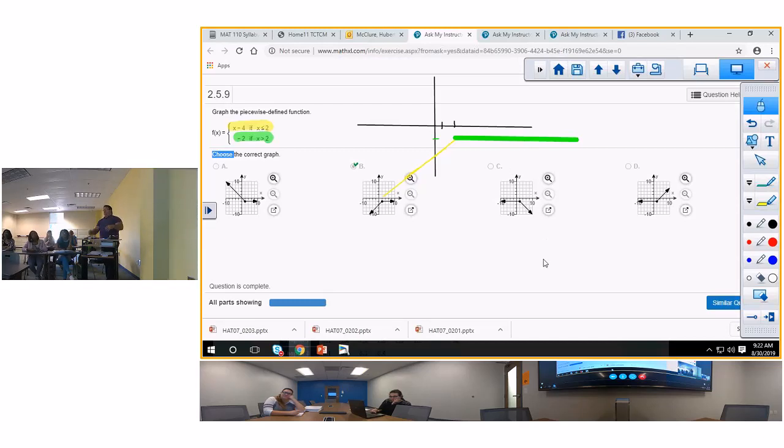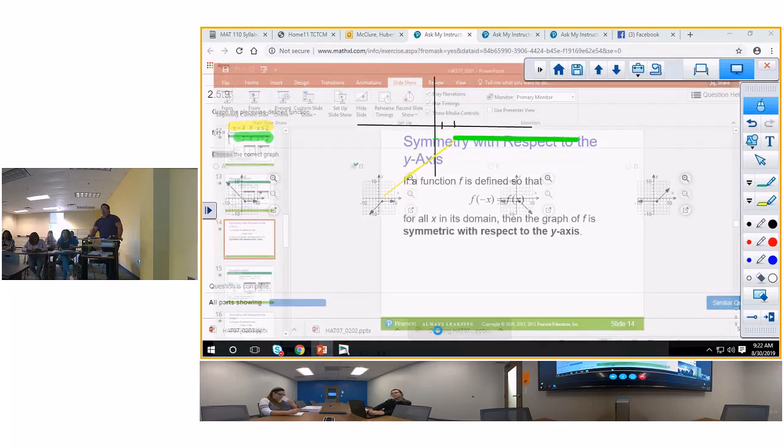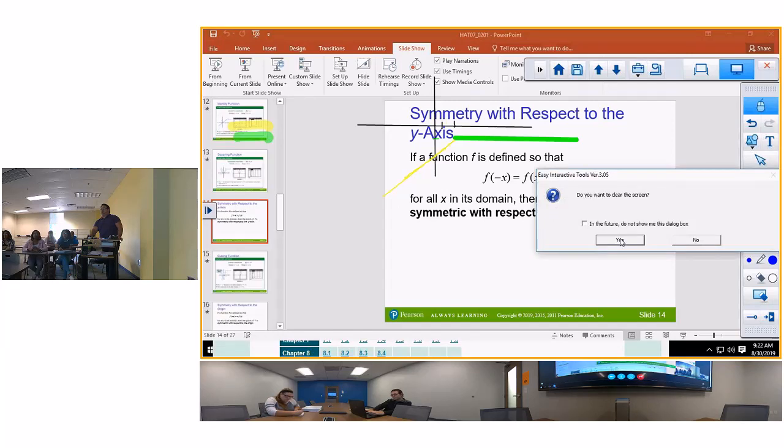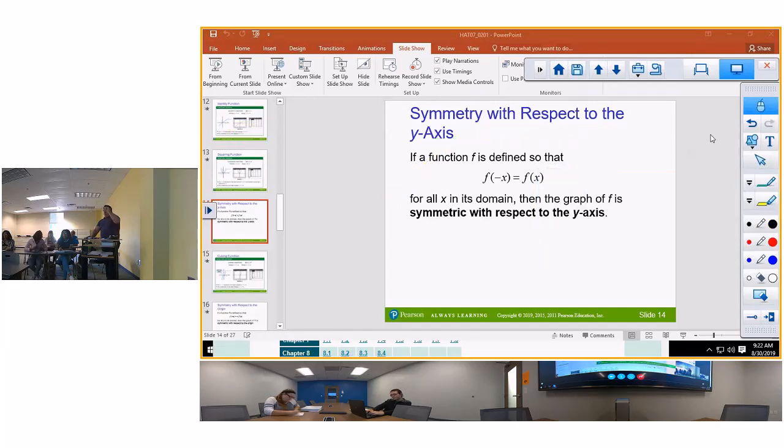Okay, so that's how you do a piecewise function. We'll get into those. Now let's go to what I skipped over with y'all yesterday or the day before: the symmetry around the x-axis or the y-axis or the origin.